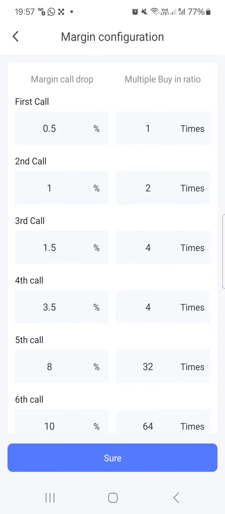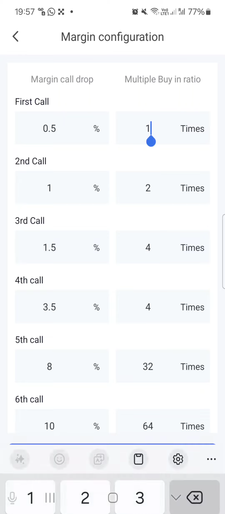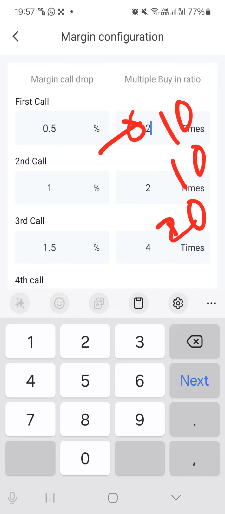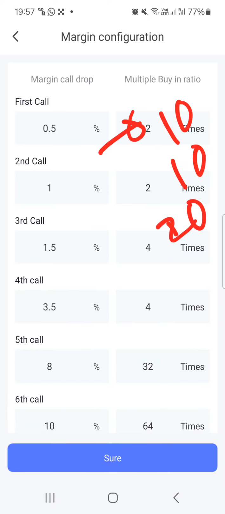No, we leave this at 2 times. This will be $10 put in. This will be $20, 20 USDT. That's what I mean when I refer to dollars. This will be another 20. So that's 20, 40, 50, 60. Already that is $60 out of the 75.